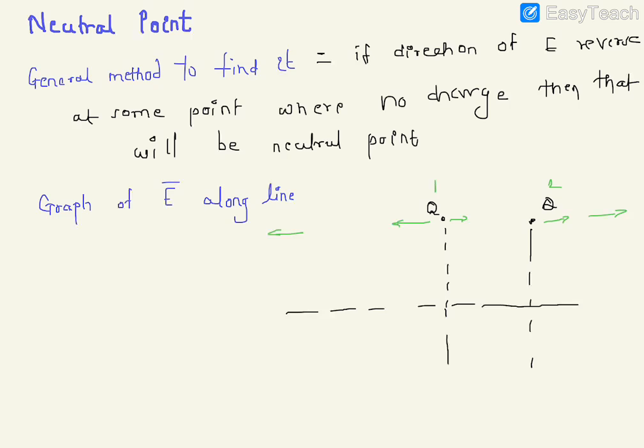Similarly for point charge 2, so there will be a point between these two arrows where the arrows will exchange. So this is my neutral point. I hope you get a clear idea of what exactly the neutral point is.